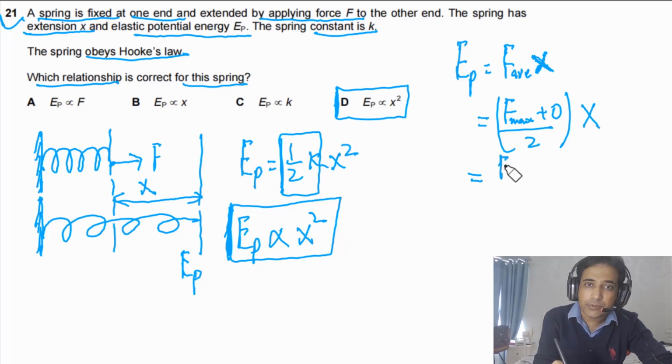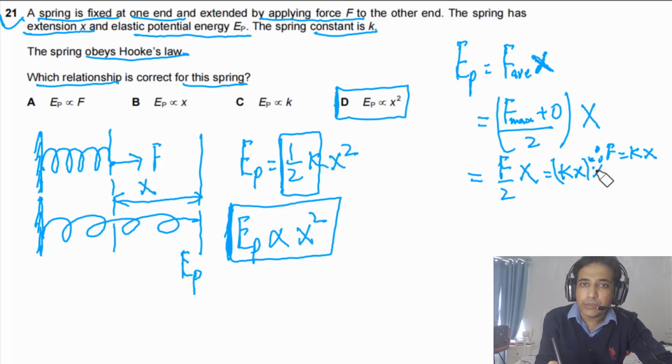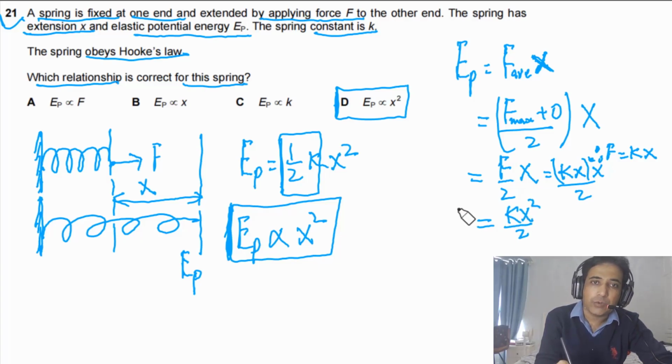F max is equal to F, so this is F divided by 2 times X. But by Hooke's law, F is equal to Kx. So we can replace F with Kx. Here we have K times X, and here we have X, divided by 2, so we will have K times X squared divided by 2. This is EPE, elastic potential energy.